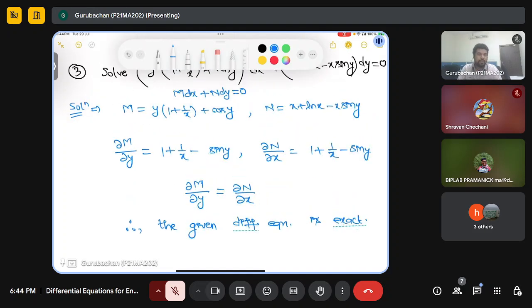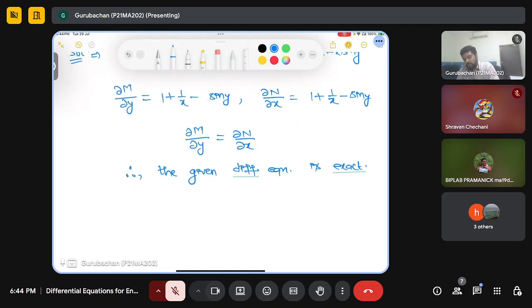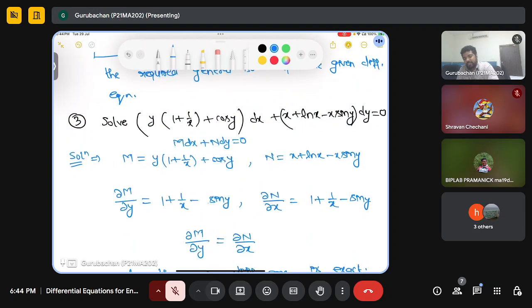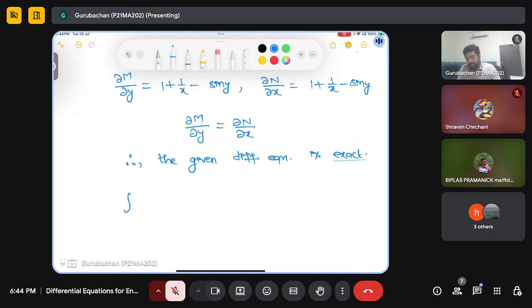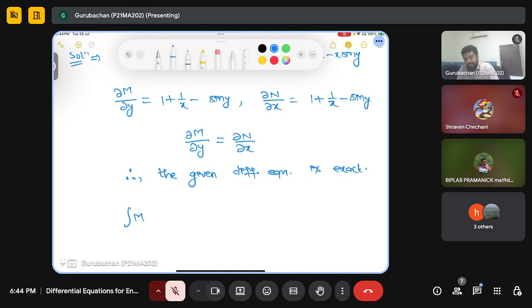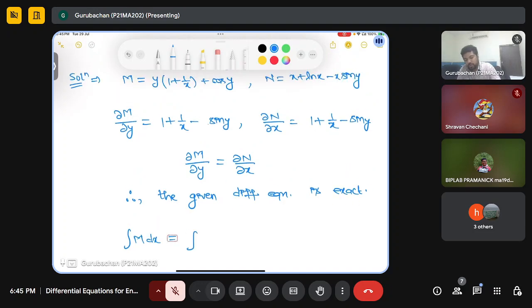What I will prefer is this: the first factor is M dx. First of all you calculate the integral of M dx, and I will also let you know why I'm doing it like this. So the integral of M dx will be y(1 + 1/x) + cos y dx.